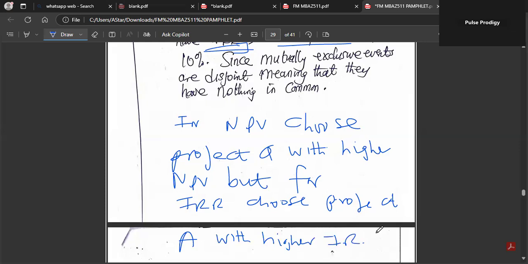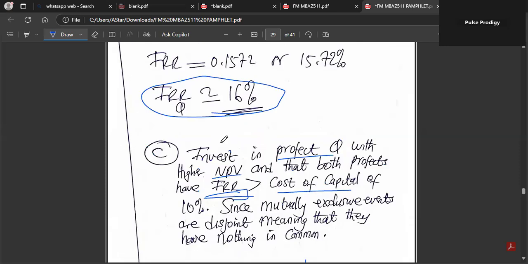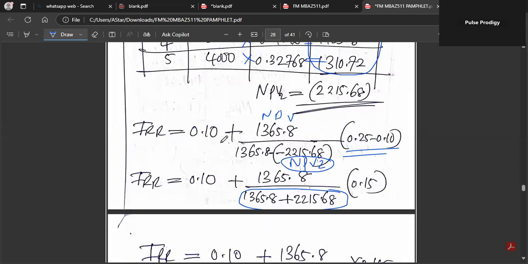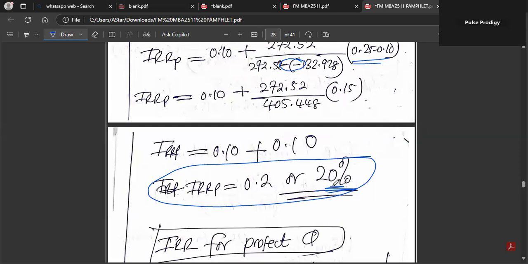So based on internal rate of return, you can choose project A, which has a high internal rate of return. But on NPV, it is project Q.